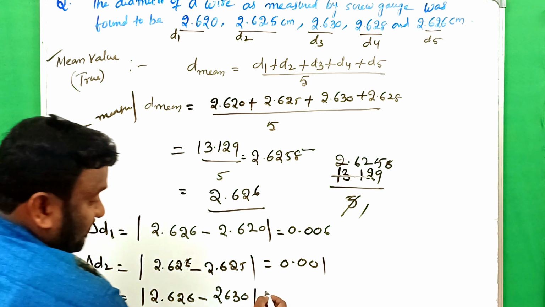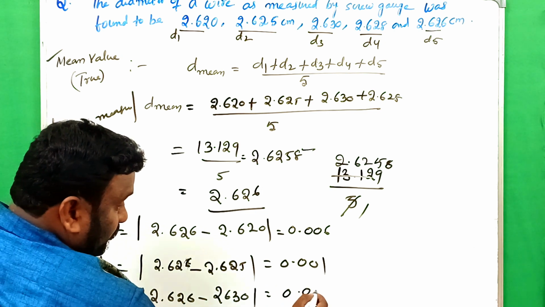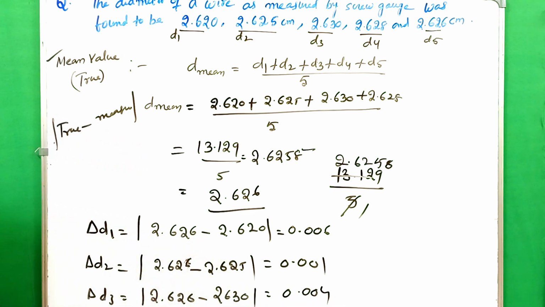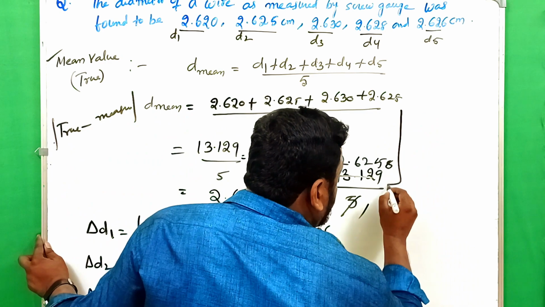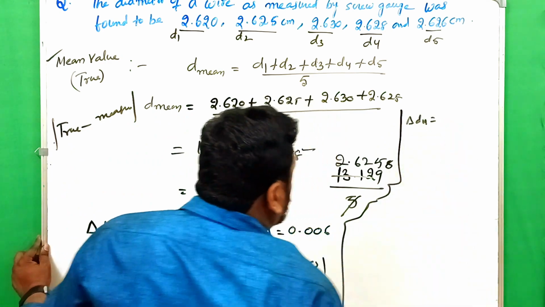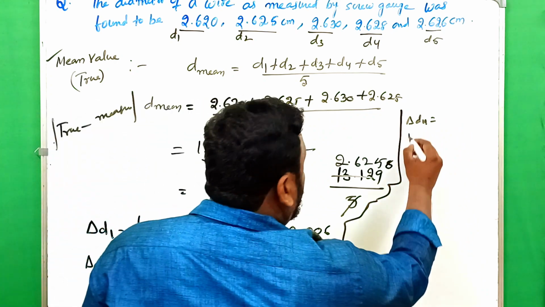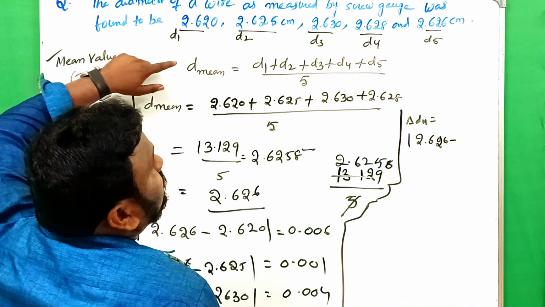Here you get 0.004. 30 minus 26, minus 4 we get, and mod means plus 4. And similarly now delta d4, the absolute error of the fourth one, is mod of 2.626 minus the fourth one.